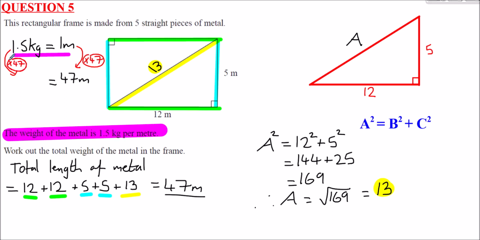Now, to make sure we don't go wrong when we've done all the hard work, I suggest we do this using long multiplication. So 47 times 1.5 we can treat as 47 times 15. Remember, when multiplying decimals, pretend you're decimal blind.